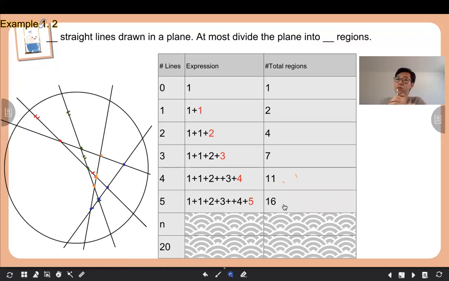Now let's go to the arbitrary n case. So how should we write this expression if we are finding this pattern here? 1, 2, 3, 4, 5. And for n? Correct. We are just adding n again because this new line, this nth line, intersects with all n minus 1 previous lines. So it is divided into n parts and thus n new regions.